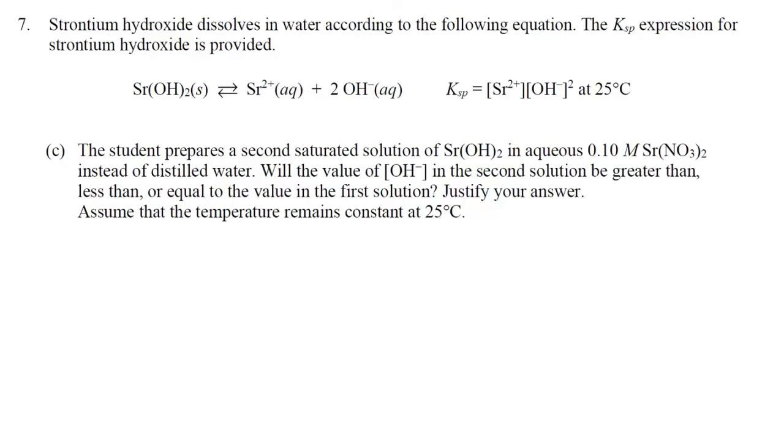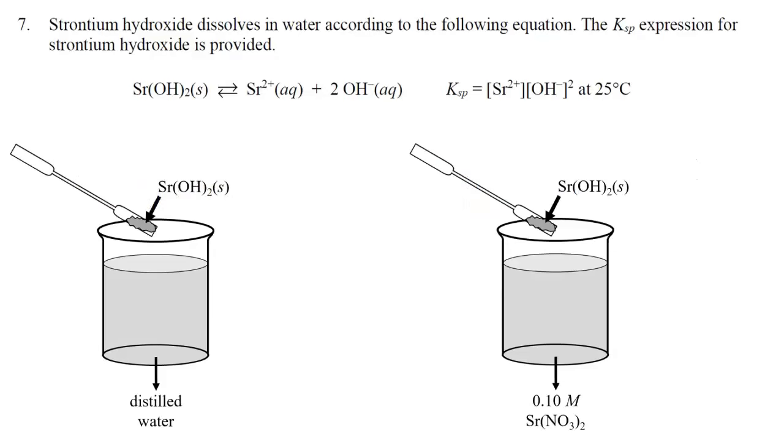So let me give you a visual that can help you understand the difference between the first saturated solution of strontium hydroxide and the second saturated solution of strontium hydroxide. Here you can see 2 beakers in which a solid sample of strontium hydroxide is being added to each beaker.